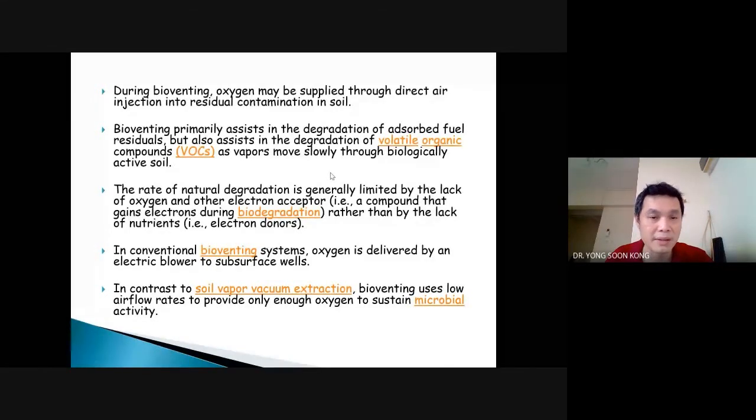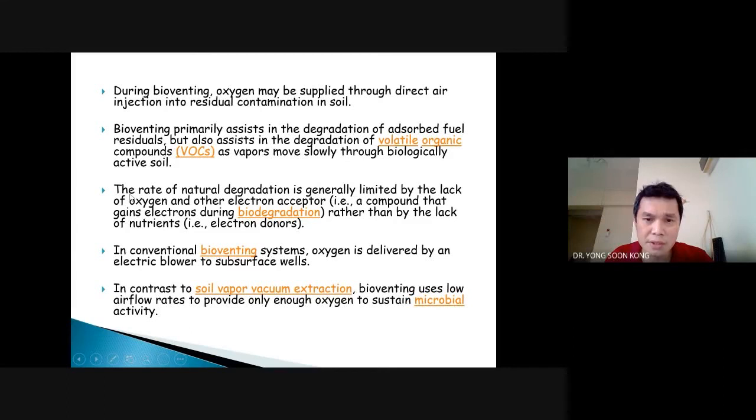The bacteria can do the bioremediation much better, and the rate of natural degradation is generally limited by the lack of oxygen. So like I said, they will need more oxygen so that they can do this biodegradation. And then I will move on to the last point. The fourth point is a repeat of what I said. So the last point, in contrast to soil vapor vacuum extraction, bioventing uses low airflow rates to provide only enough oxygen to sustain microbial activity.